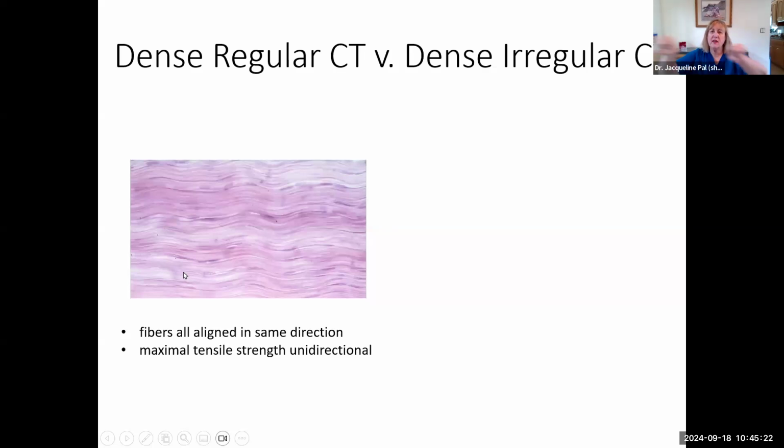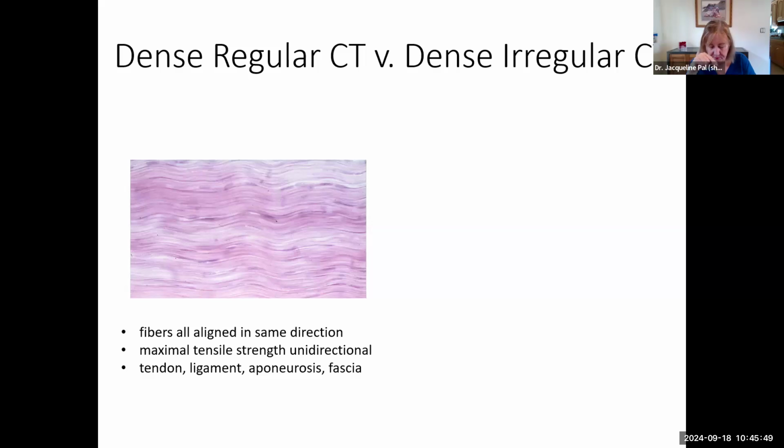What that means is our strength is in one direction. This is what we need for our tendons, where the muscles are attaching in one direction. We need our strength in that direction. This is what we have in our ligaments and also in other structures, which are like tendons and ligaments, known as aponeuroses and fascias, which we probably won't talk about in this class, but if you take anatomy, you'll learn about them there.